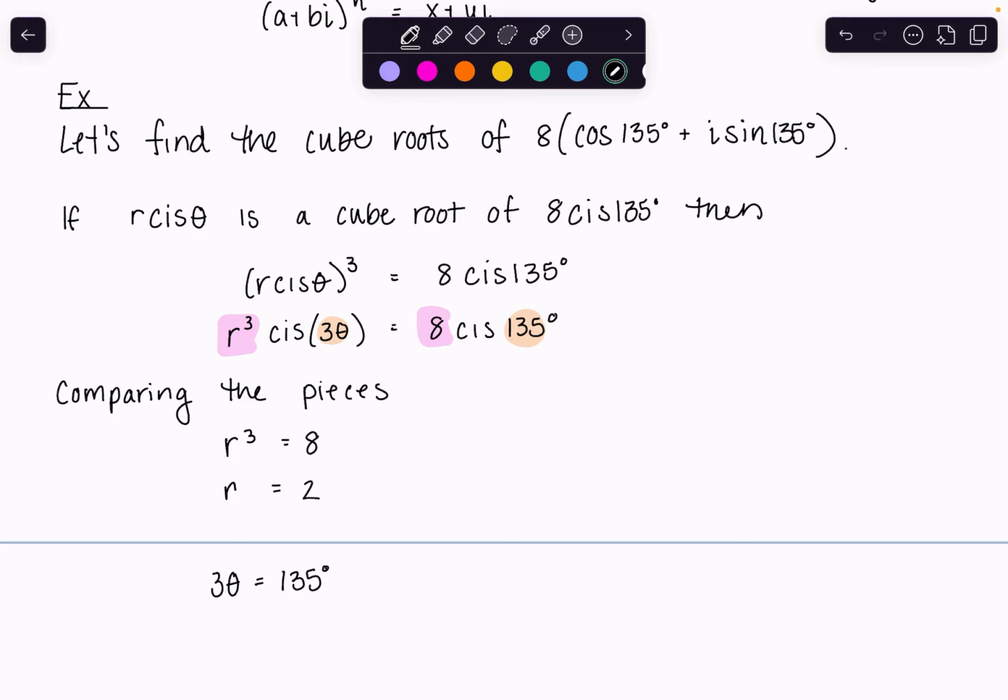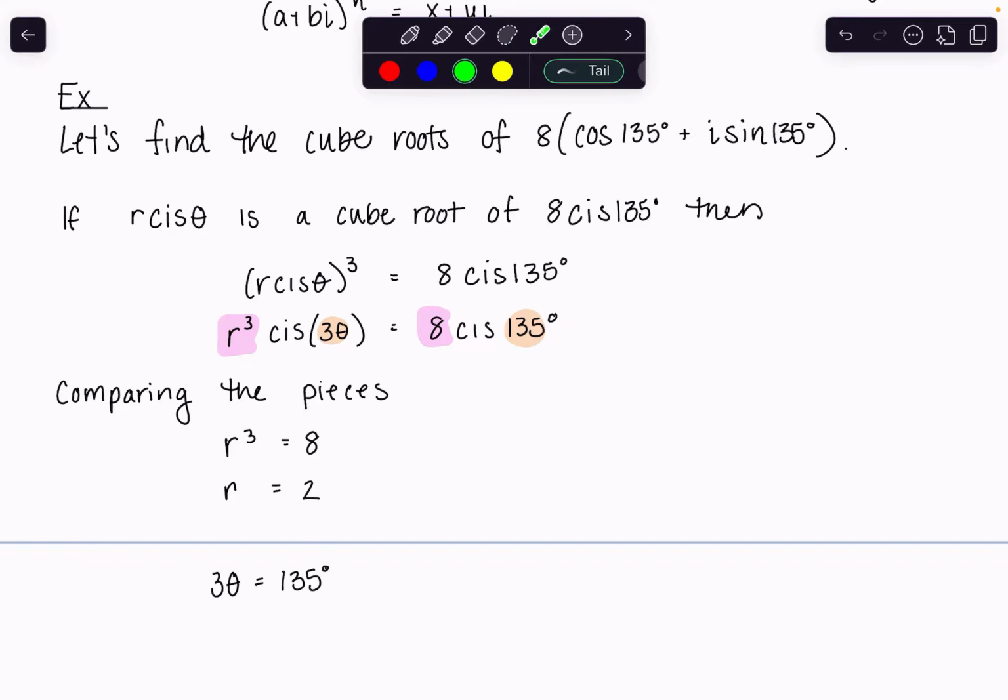Okay. The other issue, though, is, again, remember that 3 inside the cosine and sine function ultimately affects the period and how fast you go through one revolution of a unit circle. Our angles we want to be between 0 and 360 degrees, just for simplicity.